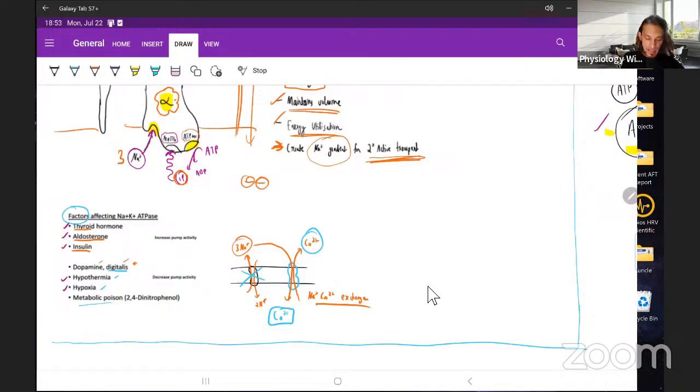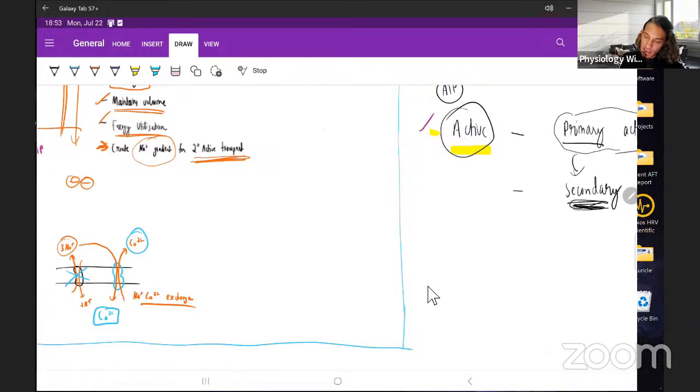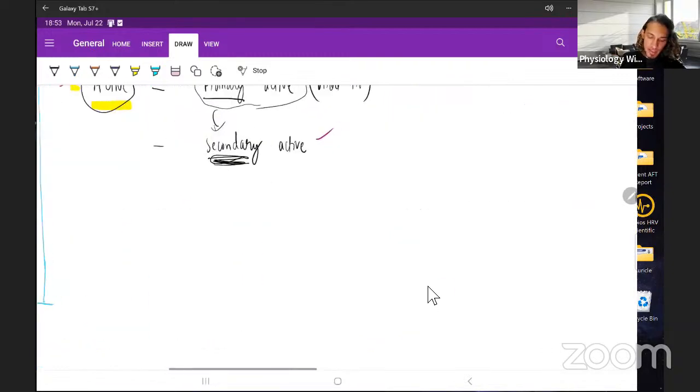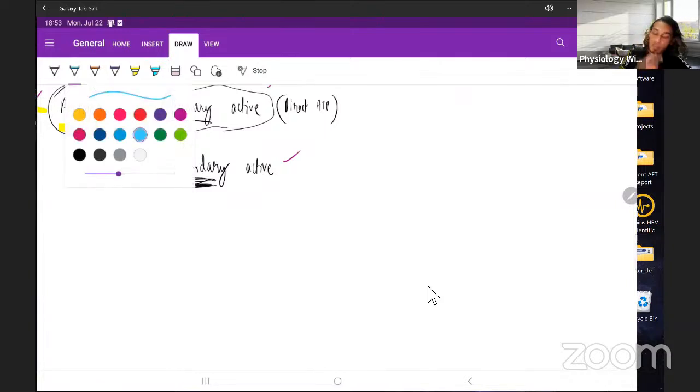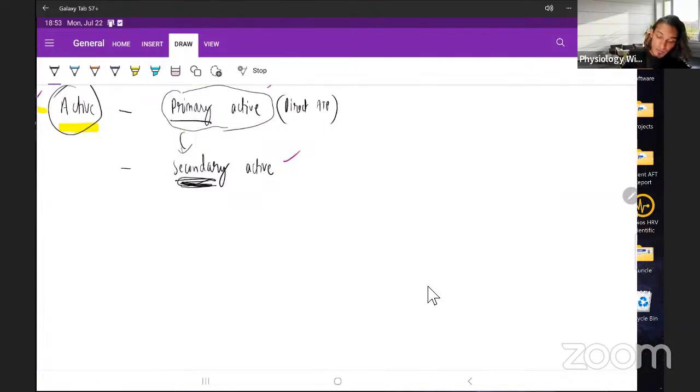Okay. Now, after this, you can talk about secondary active transport. So this secondary active transport, as I was telling you, it can either take substances along the same direction or in the opposite direction. So it can come either as a co-transporter or a counter-transporter.